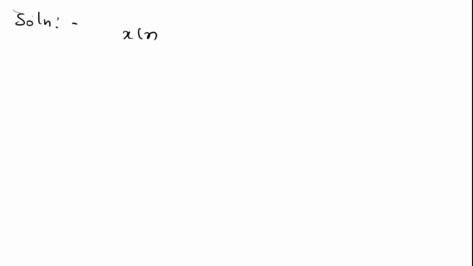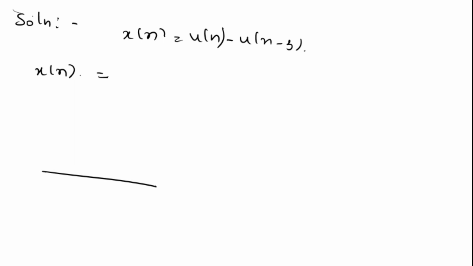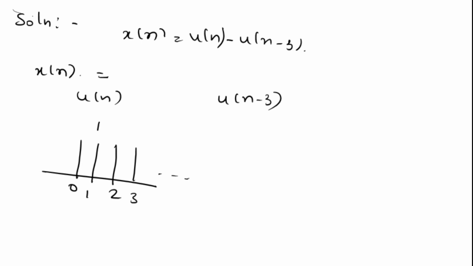Given x of n is equal to u of n minus u of n minus 3, then first we will draw u of n: 0, 1, 2, 3, and so on with amplitude 1, and u of n minus 3, the signal will start at 3.